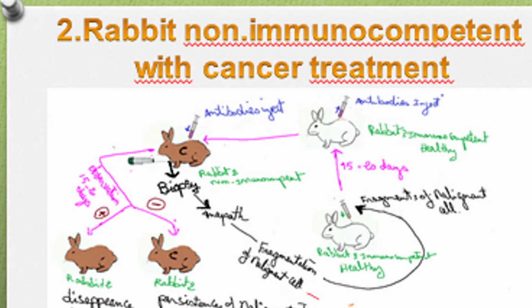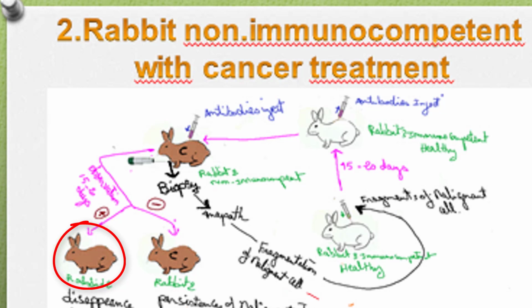If we find the malignant tumor, it's not a good treatment, it's a bad treatment. Our conclusion is persistence of the malignant tumor. But if we find that our initial malignant tumor has shrunk, decreased in size, it's a good treatment.